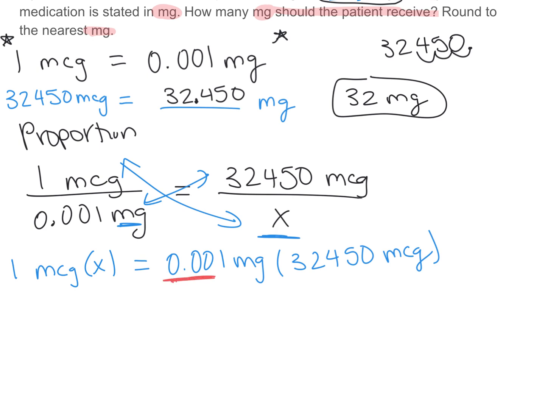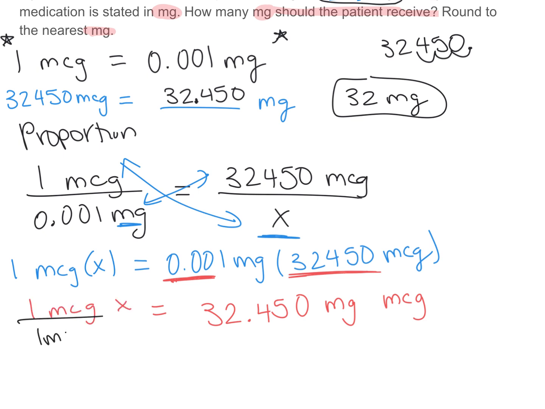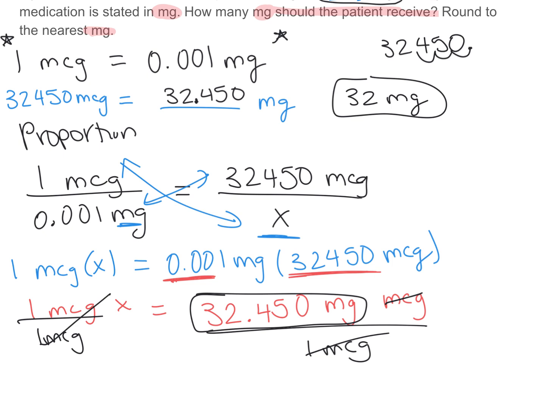When I multiply this together, I get 32.450 mg is equal to 1 mcg times x. Then I divide both sides by 1 mcg. 1 mcg cancels out, and I'm of course left with that 32.45. It does tell me to round though to the nearest milligrams, so that would be 32 milligrams.